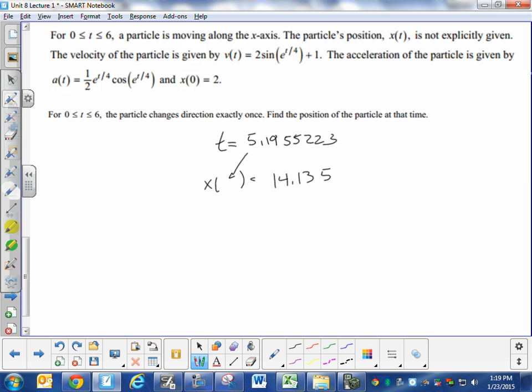I'm not going to solve sine e to the t over 4 plus 1 equals 0 by hand. So instead, you graph your velocity, and looking at your graph, you see where it crosses the x-axis. And when your velocity goes from positive to negative or negative to positive, that's when you change direction. So start by doing that to find t.